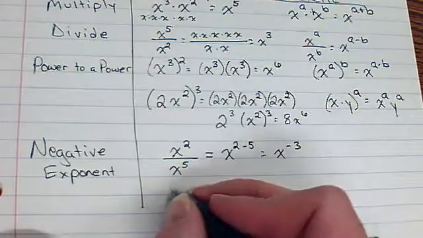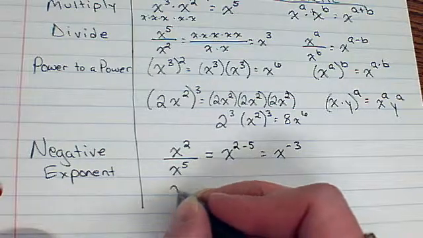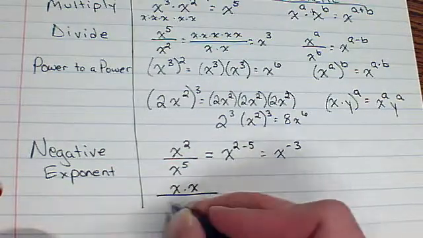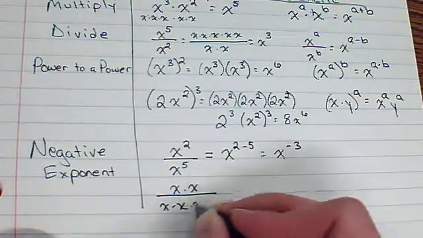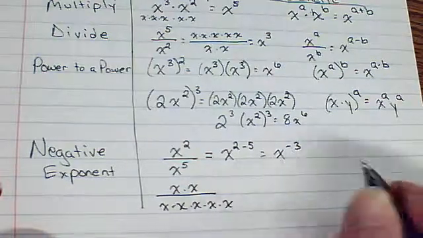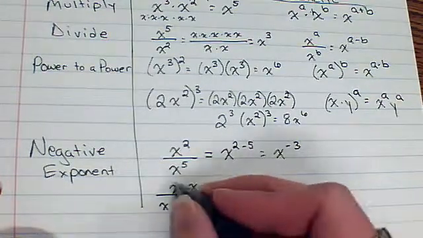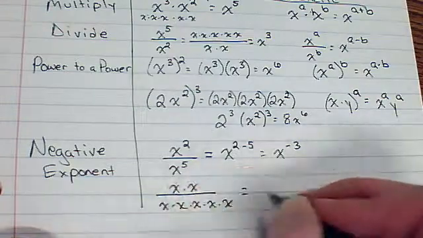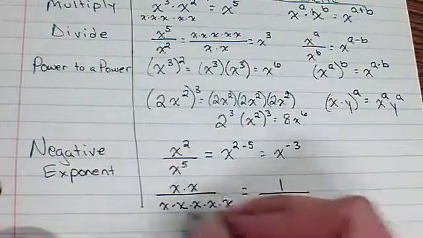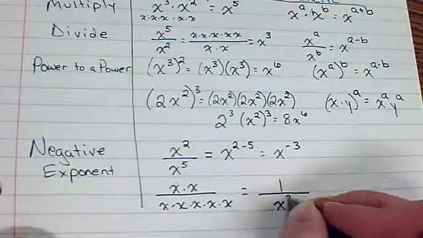But if we watch what's really happening there, that's x times x over x times x times x times x times x. These divide out. We're left with the 1 that's in front, that coefficient, and we're left with x cubed on the bottom.